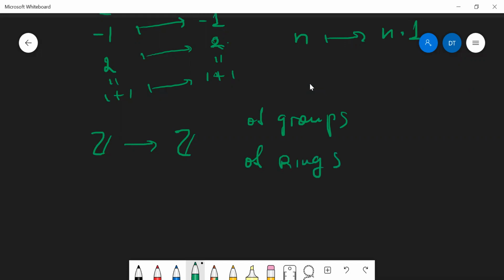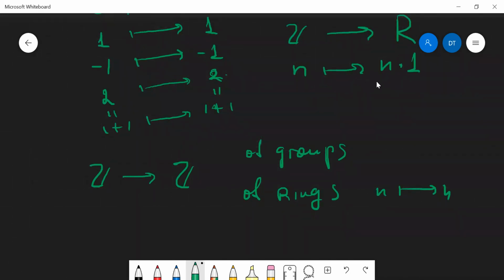As a homomorphism of rings, there is only one option, the identity mapping taking n to n, because it's given by this rule. But there are many homomorphisms of groups. As you remember, you can map the element 1 to any element of the group on the right. So the homomorphisms of groups are of this form: n goes to n times k. So there are infinitely many homomorphisms of groups.